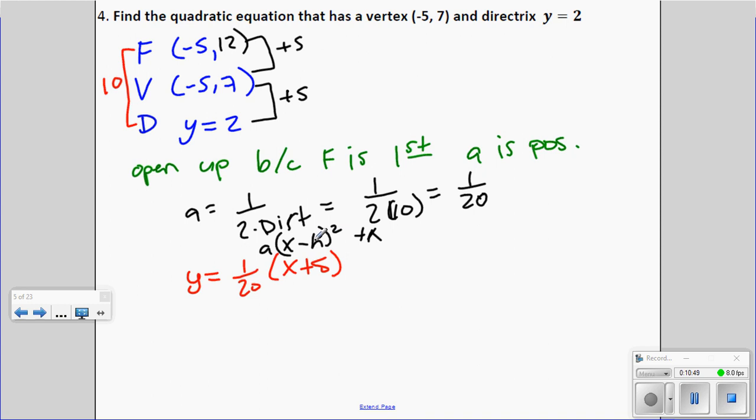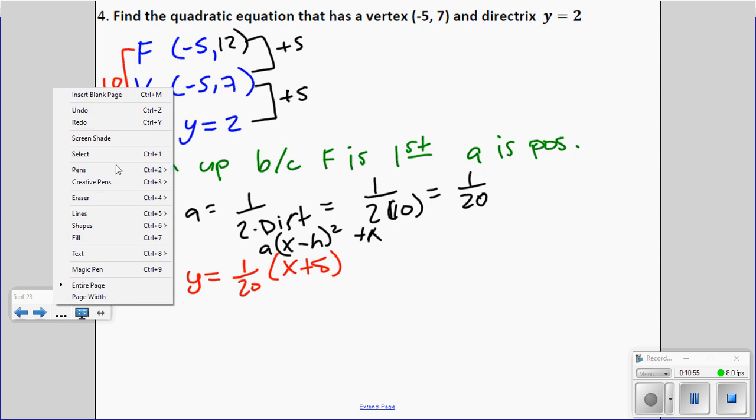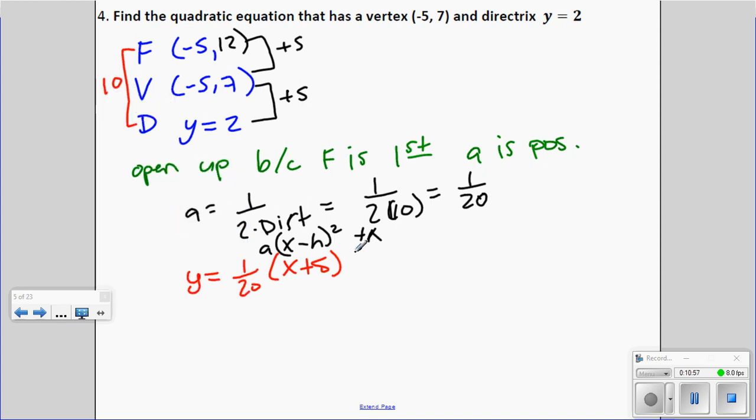And remember, h goes in the house and it lies. So if it's a negative 5, when it goes in the house, it turns into a positive 5. So don't forget that either. So that's x plus 5 squared and then plus 7 as a final answer for this problem.